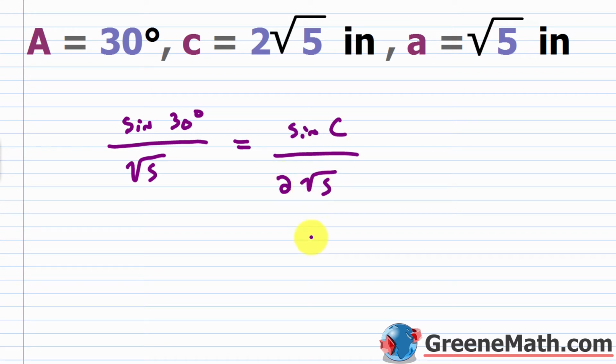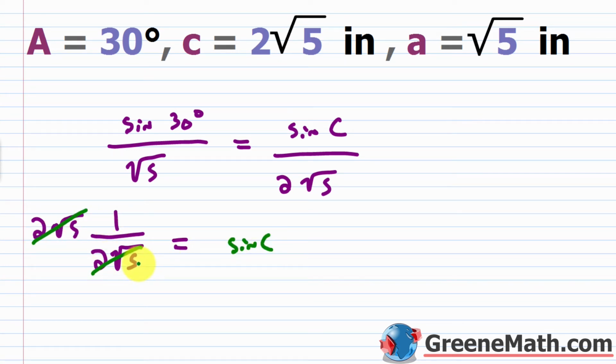The sine of 30 degrees is a half, so I have 1/2 divided by square root of 5, which is 1 over 2 times square root of 5. I'm going to multiply both sides by 2 times square root of 5, and this cancels, so the sine of C is equal to 1.